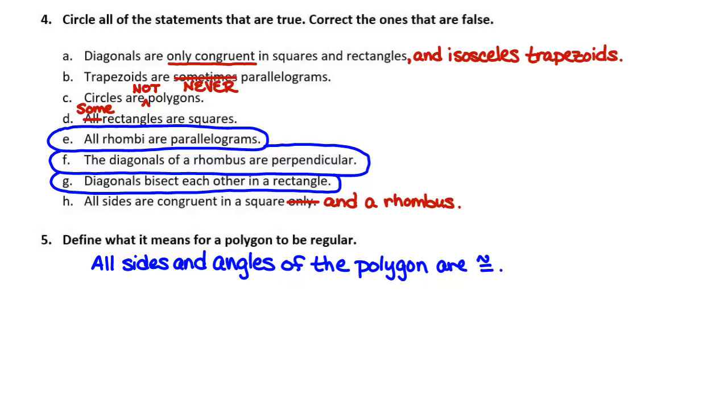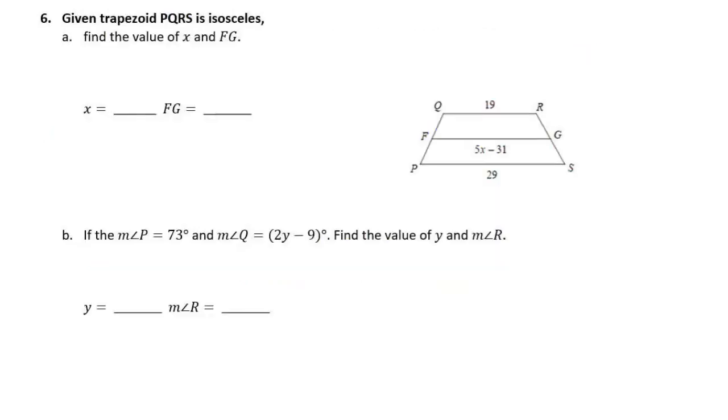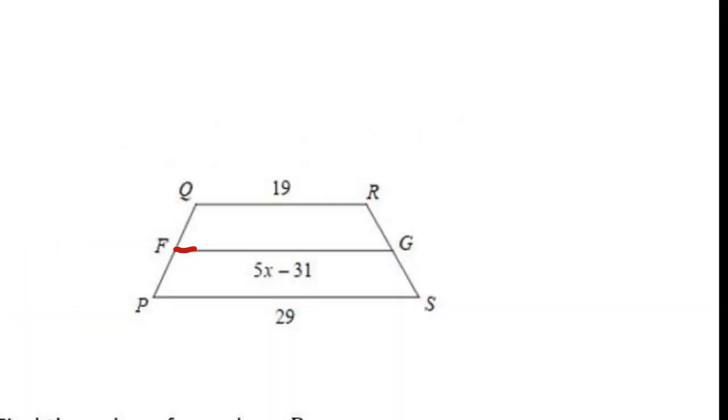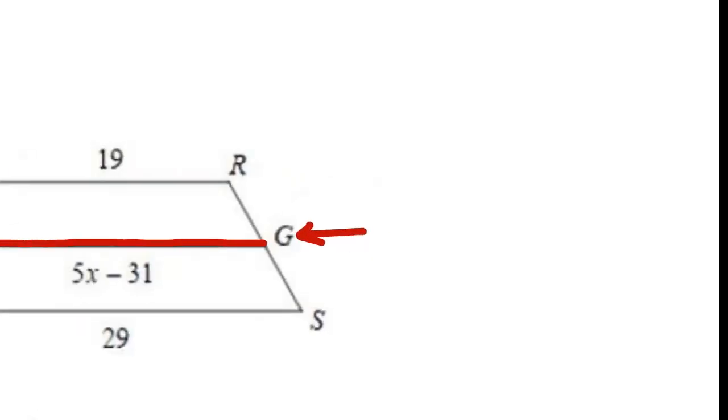And then let's flip the page and look at the last one that I asked you guys to work on, the last one that's in the packet from Module 7, question number 6. Given trapezoid PQRS is isosceles, find the value of x and the measurement of segment FG. Well, this segment FG right here is a mid-segment.